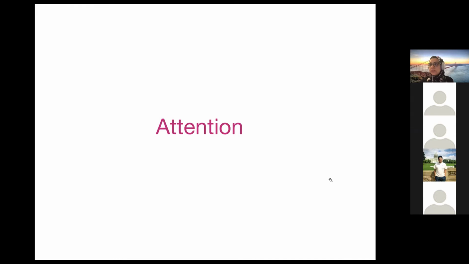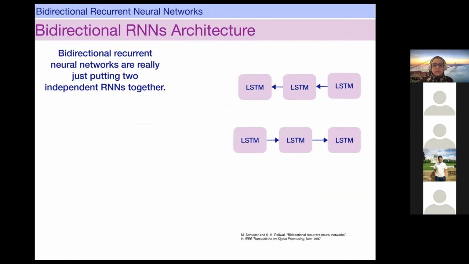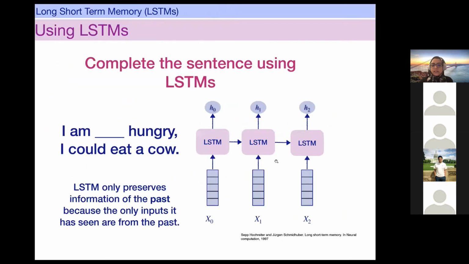So we want a delayed output. Yes, but even if we have a delayed output, the cell structure didn't see it. If we go back to this LSTM, even if we have inputs here and we want to look at this word, the second word, it won't have seen the future.